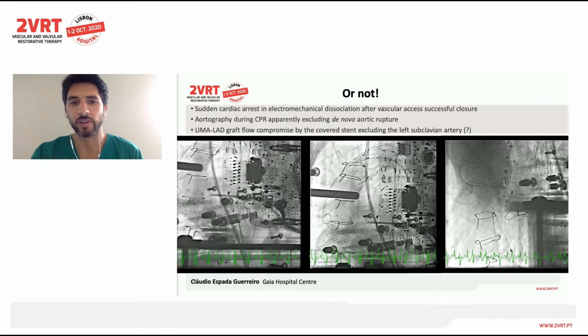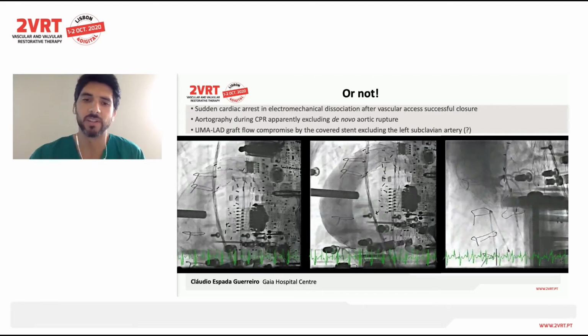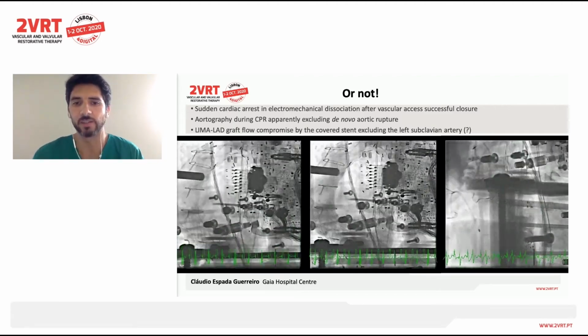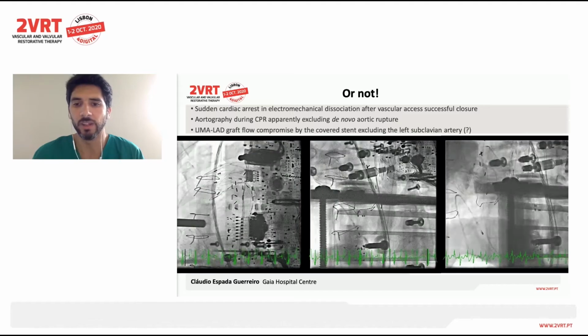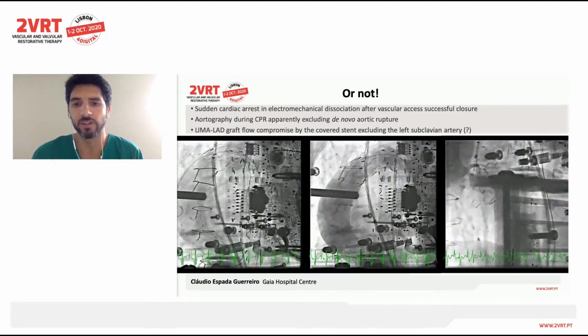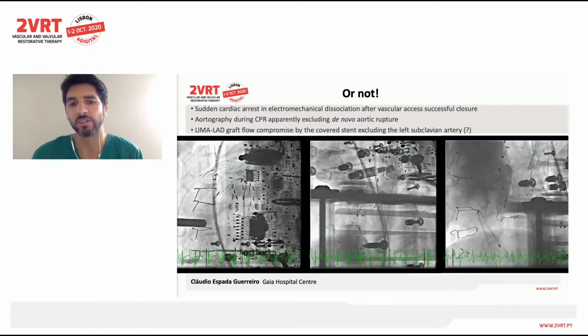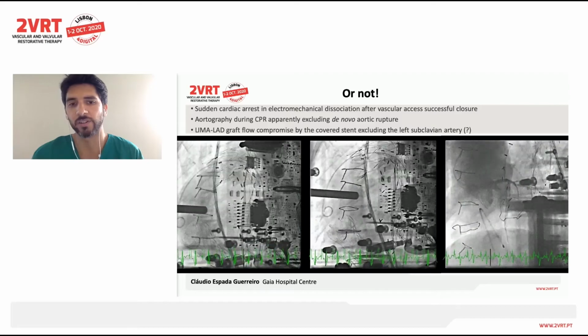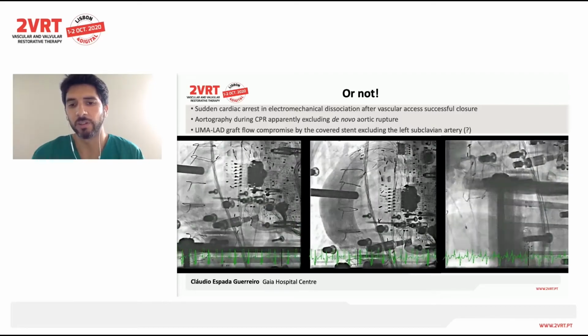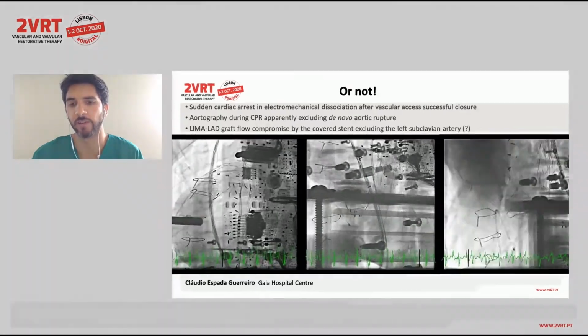After closing the vascular access, the patient collapsed. There was a sudden cardiac arrest in electromechanical dissociation. Immediately, we began advanced life support maneuvers with intubation, mechanical invasive ventilation, chest compressions with a mechanical external compressor, and we performed an aortography that showed that there was no occlusion of the left main coronary artery.